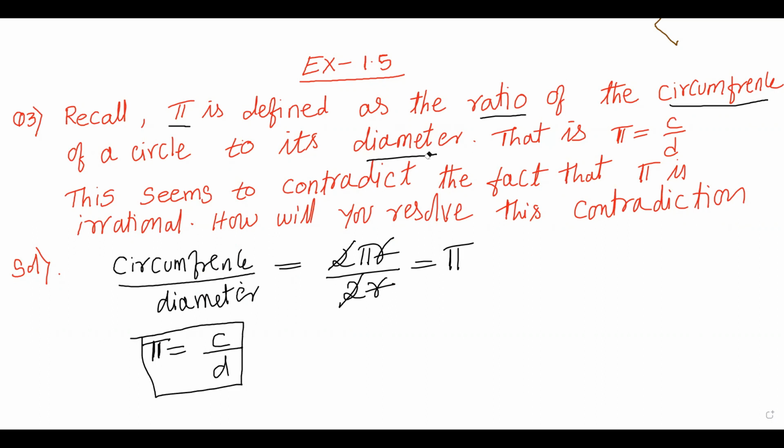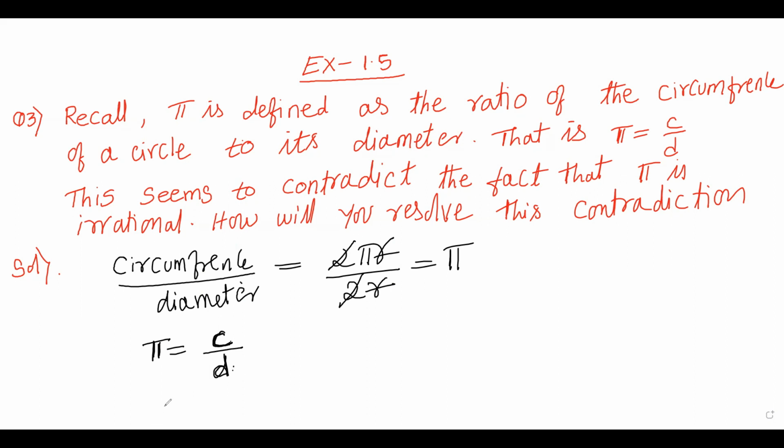Now the question is, pi is in the form of p by q, so how can pi be irrational? How can you say that it is irrational when it is looking like p by q form?